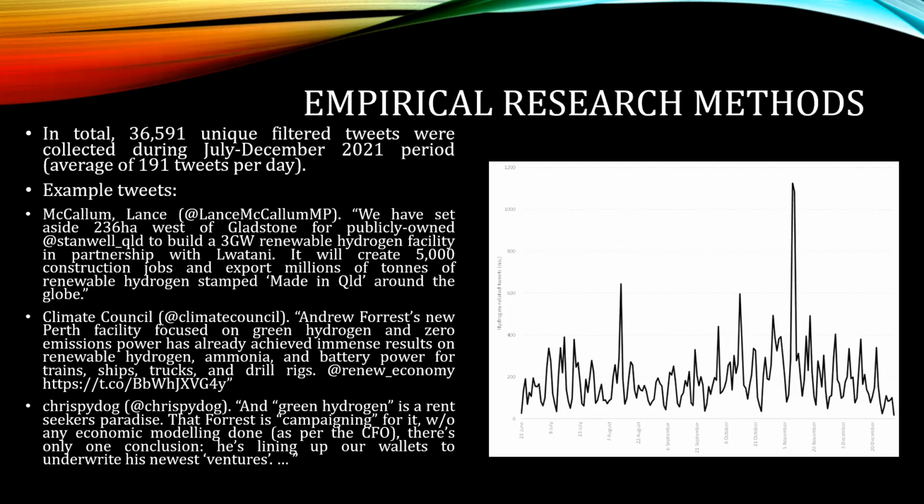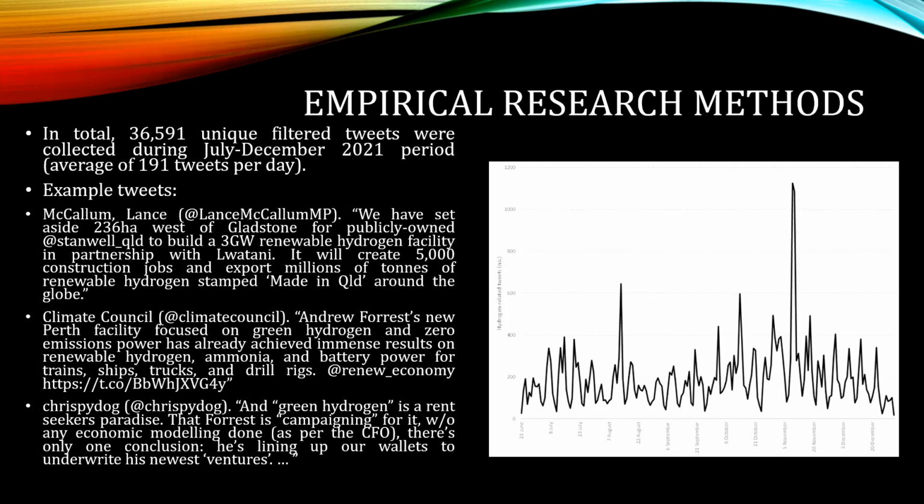And so the significance of that tweet points to the fact that there is criticism about hydrogen decarbonisation evident in Twitter discursive networks, and especially among the periphery of the network that I'll illustrate to you soon.